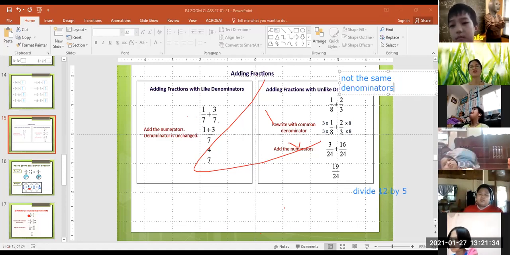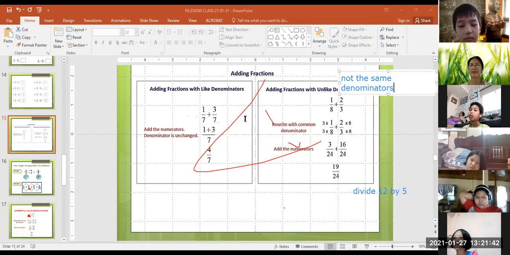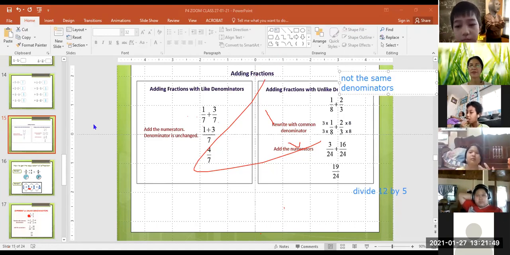Okay, so what do we do first? As usual, what do we do if we have unlike denominators? Multiply.